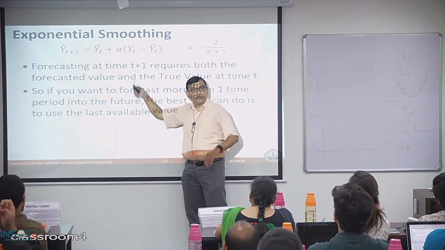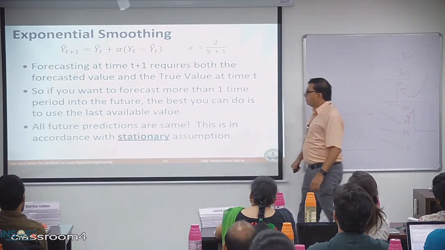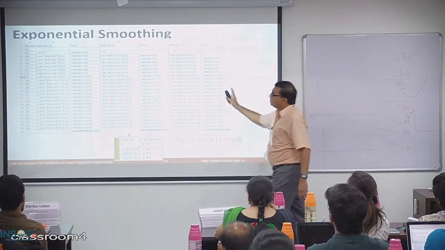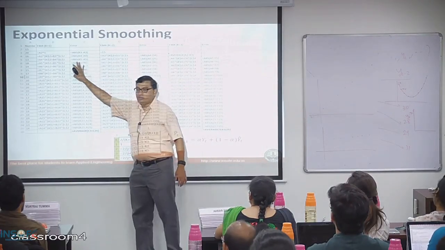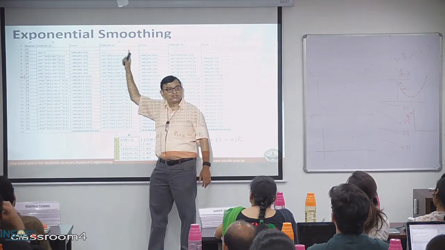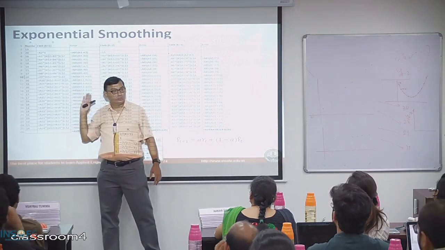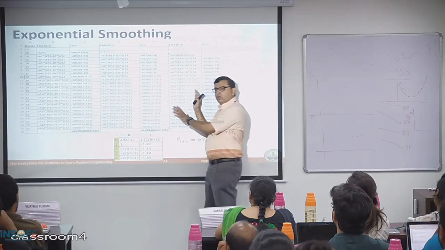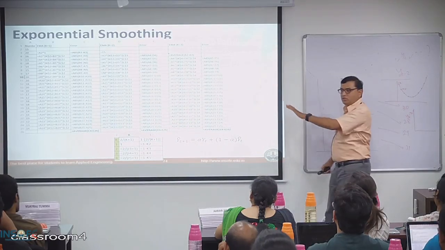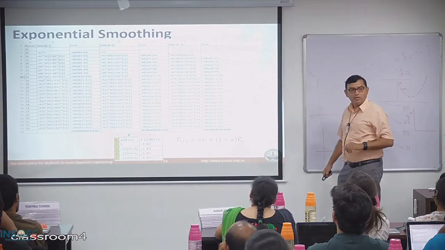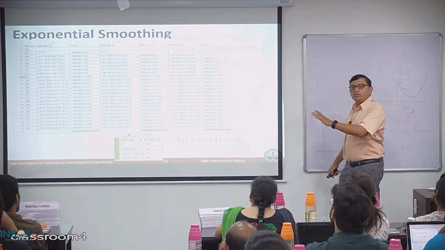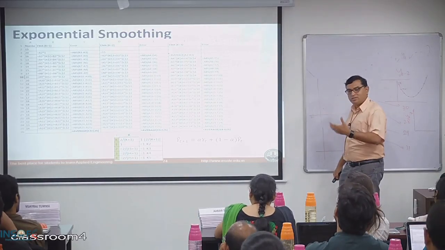This is called exponential forecast, and I'm giving you here the formula that is used in each case to update the windows. Okay, I'm giving you the Excel sheet too, so you should be able to look at the Excel sheet and see how it is done. The command for doing this in R is simple.